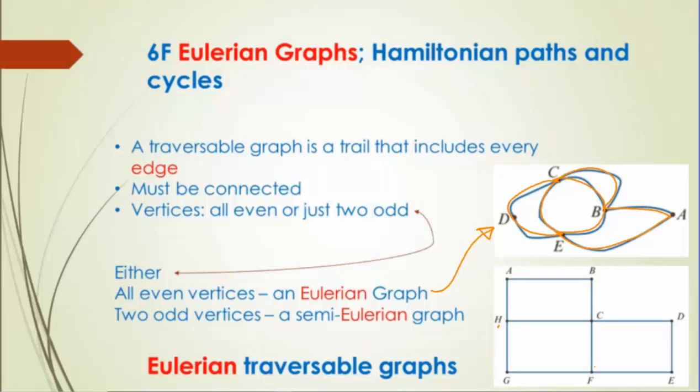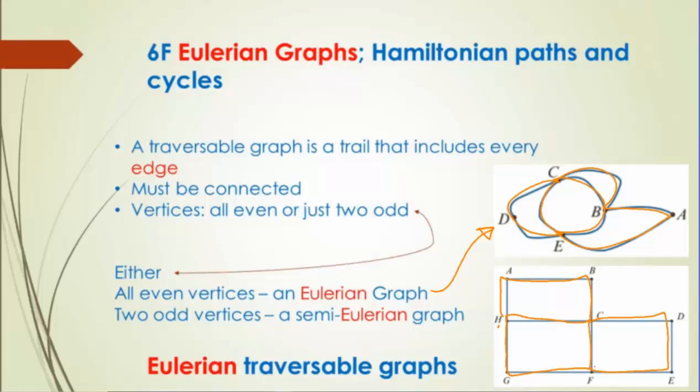So we should be able to start at H and finish. Start at H, finish at F, and that's a semi-Eulerian graph.